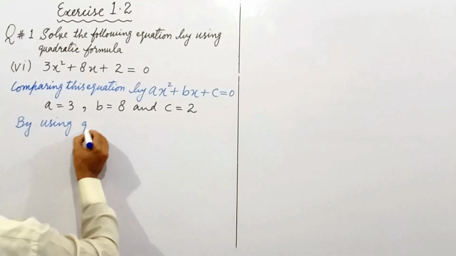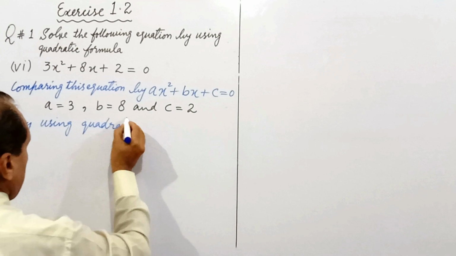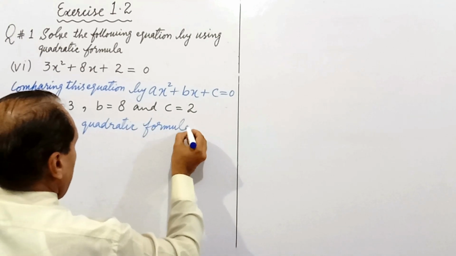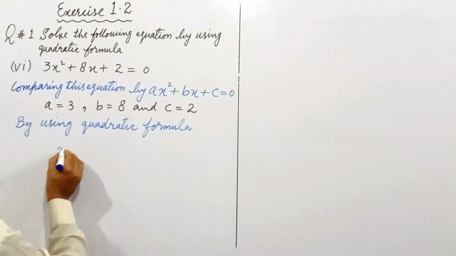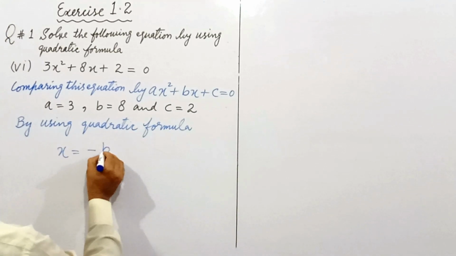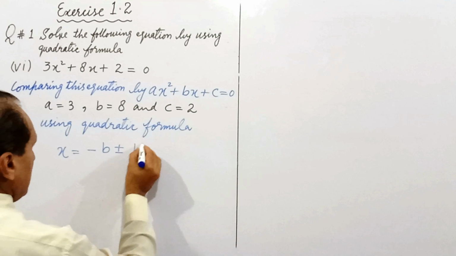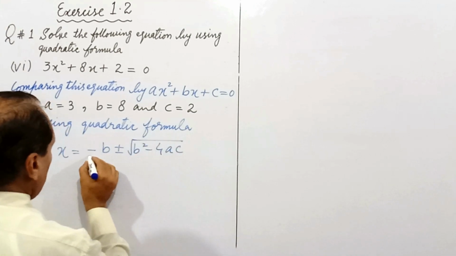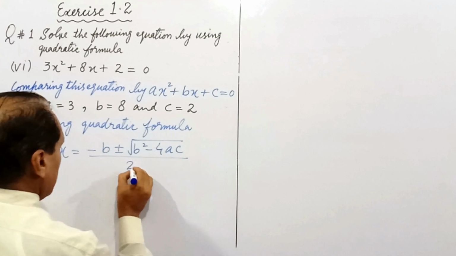By using quadratic formula, and that formula is x is equal to minus b plus minus b square minus 4ac under root over 2a.